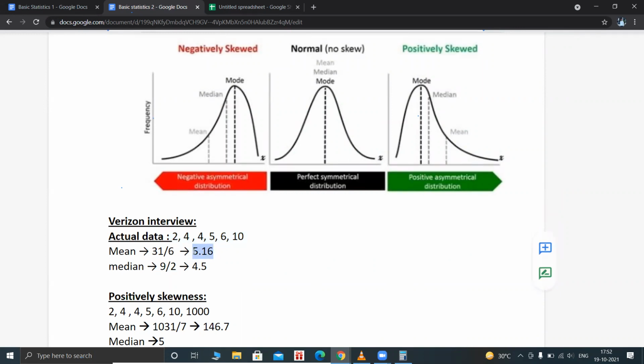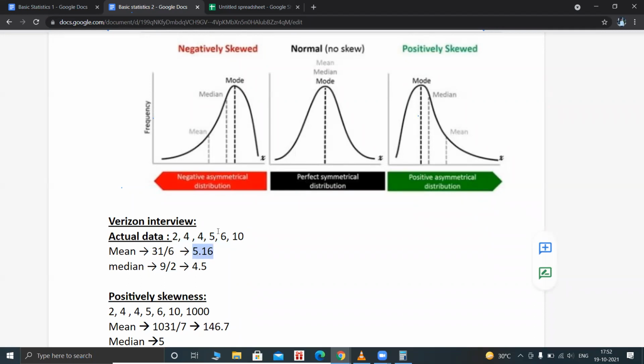When you observe, the actual data points are somewhat closer to my mean. From 2 to 5 there is a difference of 3, 4 to 5 there is a difference of 1, another 4 to 5 is 1, 5 to 5.16 there is a 0.16 difference, 6 to 5 there is 1, and 10 to 5 it is a difference of 5, right?